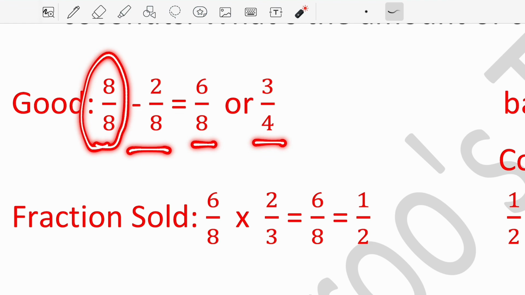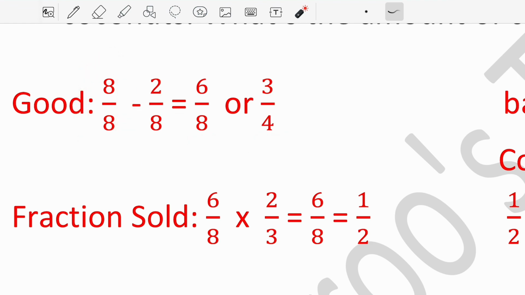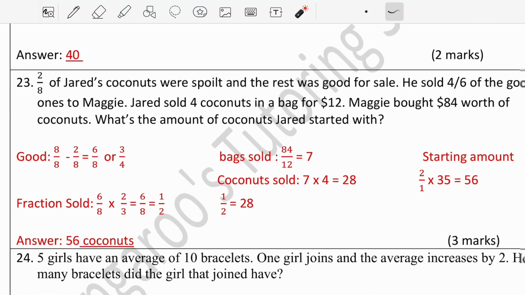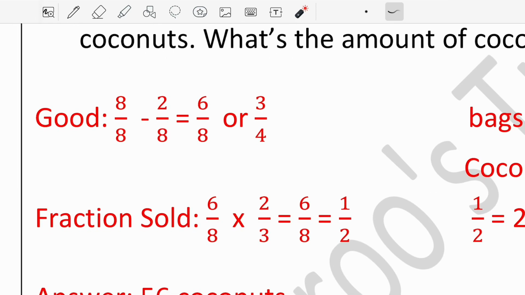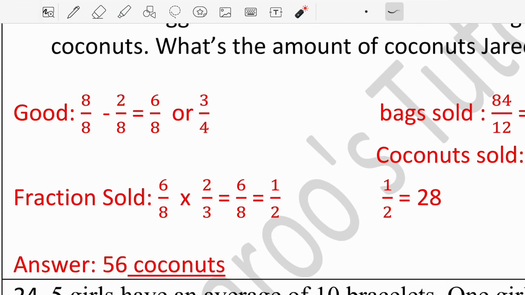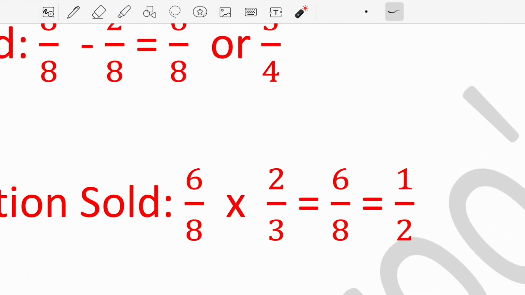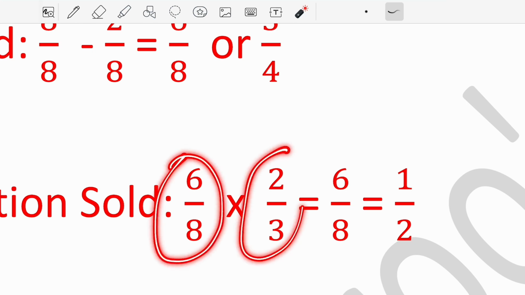We can write it as 6/8 or 3/4. Alright, and they told us that 4/6 of the good ones was sold to Maggie. So 4/6 can be written as 2/3, right, if we reduce it. So the good ones, 2/3 of the good ones was sold.